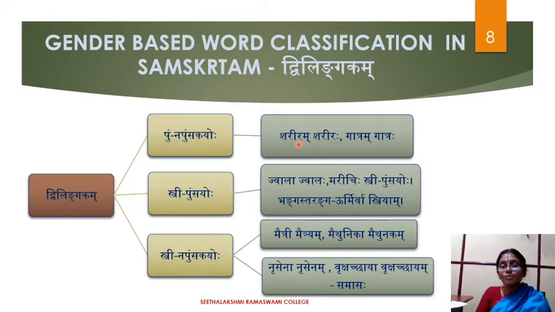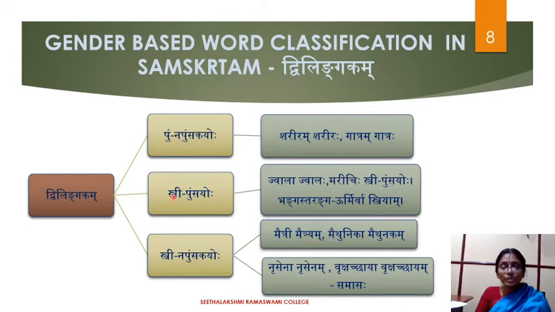So we have the forms as Shariram in neuter gender and Shariraha in masculine gender. Similarly, Gatra is the single lexical entry for which 2 genders, masculine and neuter, were assigned. And we have Gatram in neuter and Gatraha as Pullinga or masculine. So these are the instances, examples for Pullinga and Napumsakalinga combination.